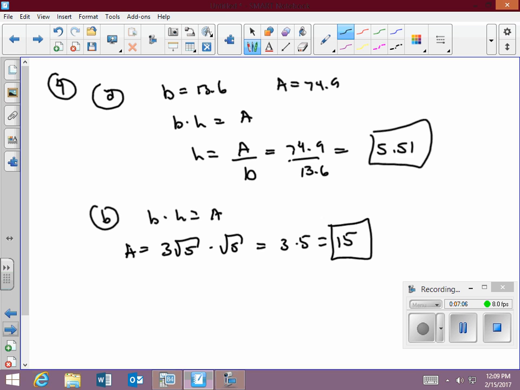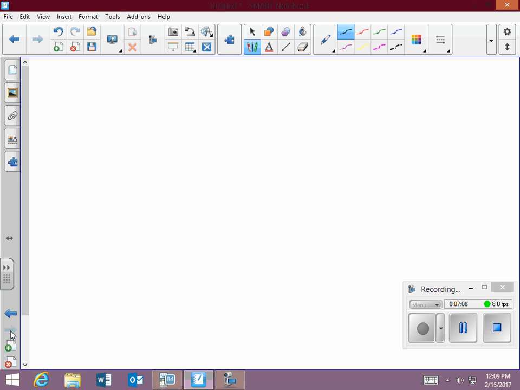Then there's 8, a trapezoid. So a trapezoid is two sides are parallel, and they're giving you this.